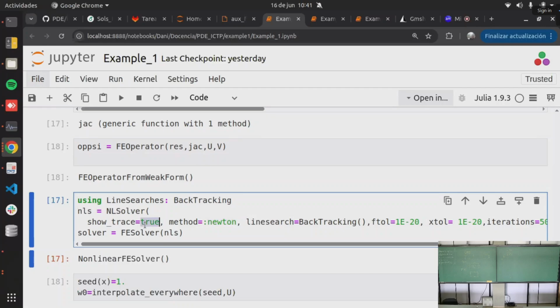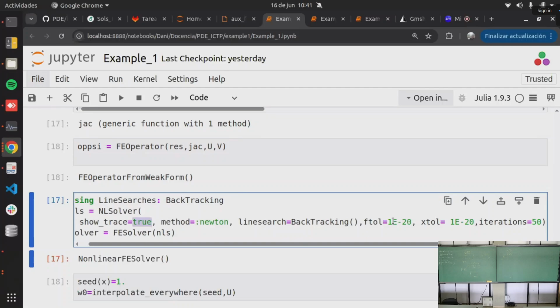I tell it that I want to see the information in every step, and I define the tolerance for the method and the maximum iterations, and this one I will show you in a minute. But it's a convergence stop for the algorithm.